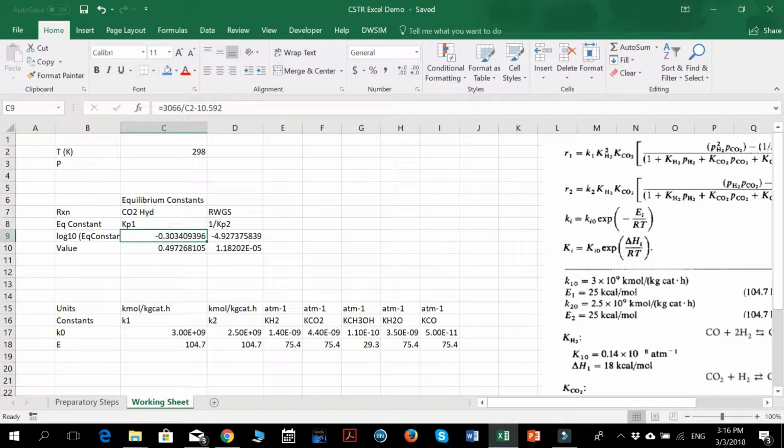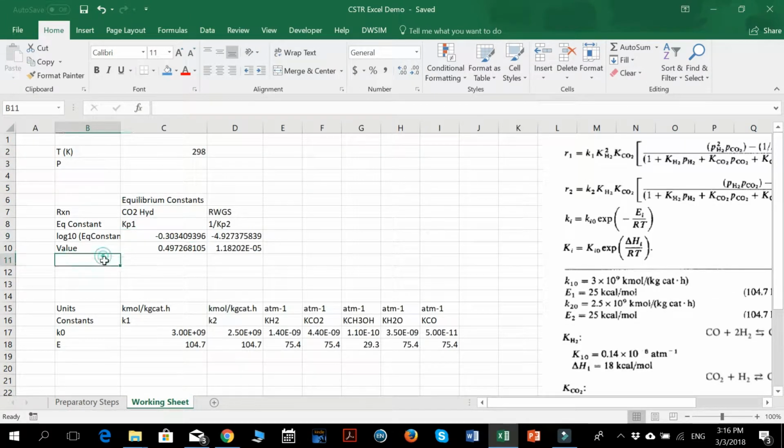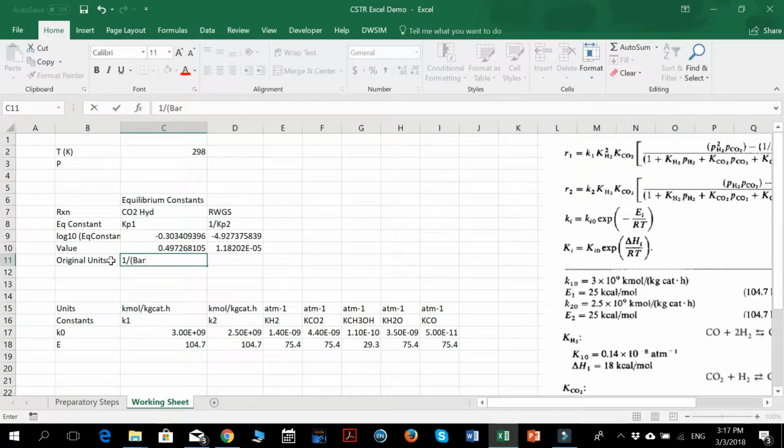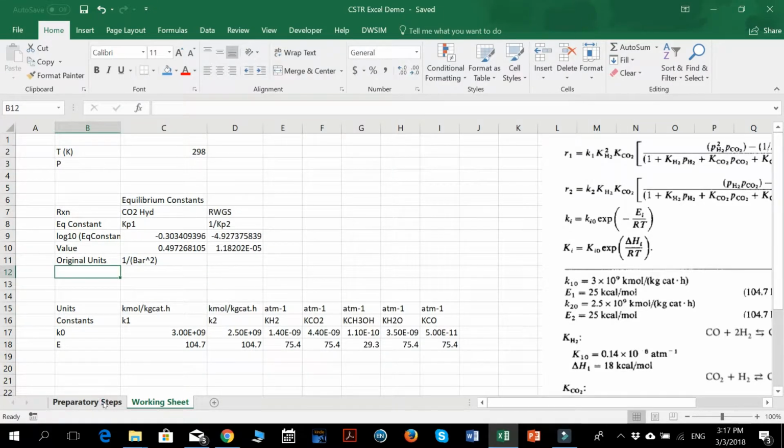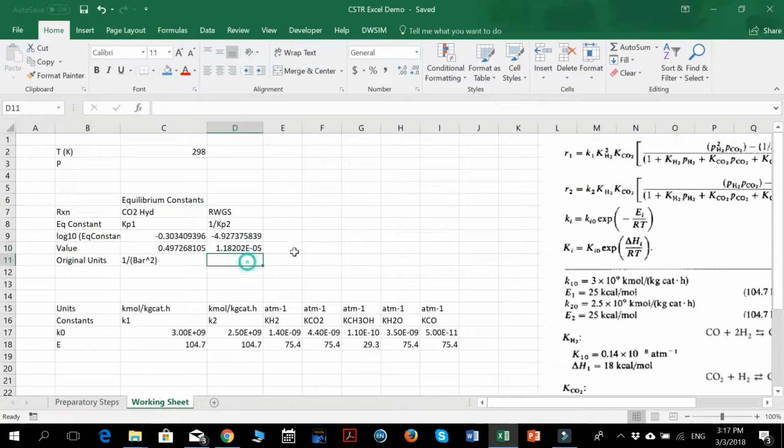When we look at the 30661, which is log K3, this is in 1 over bar squared. Okay, let me put the original units, 1 over bar squared. And what about the other one? The other one is here, 2073 2.029. This is dimensionless. So no problem there.